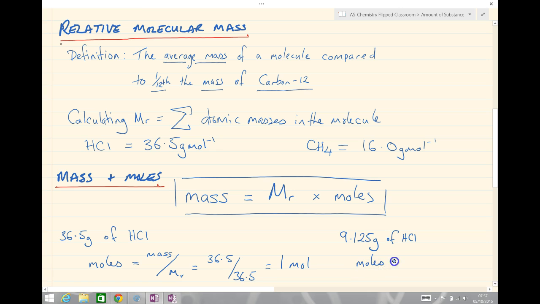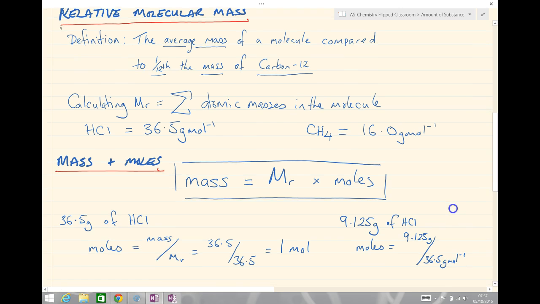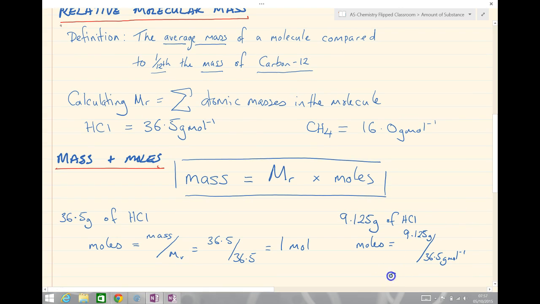Well, our moles would be again equal to mass over the Mr, so we've got 9.125 grams over 36.5 grams per mole, and our answer to that, if we put it in our calculator, is 0.25 mole.